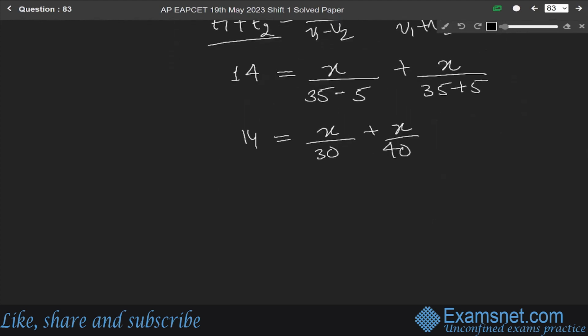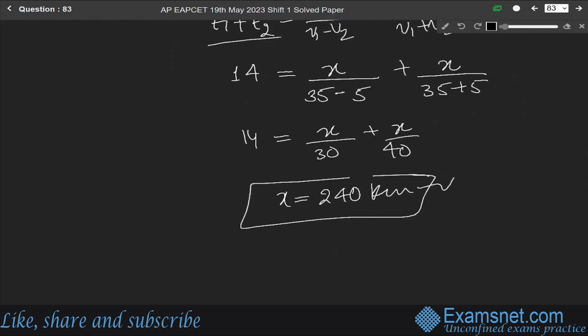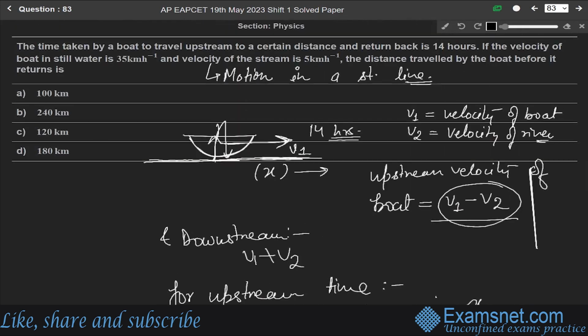When we solve it, we get x equals 240 kilometers. This is our required answer, so the distance traveled by the boat is 240 kilometers, which means option B is the correct answer.